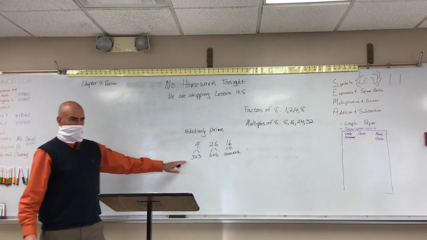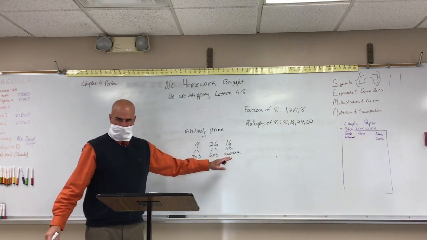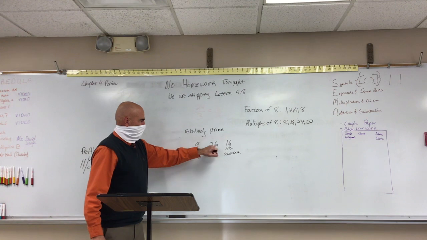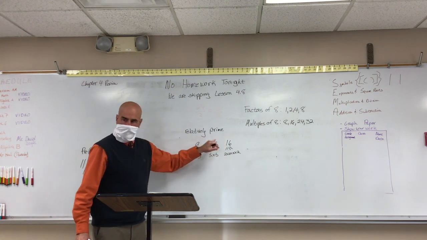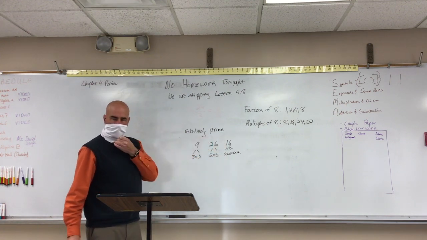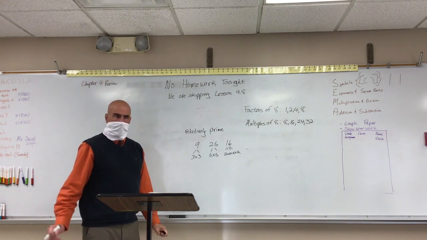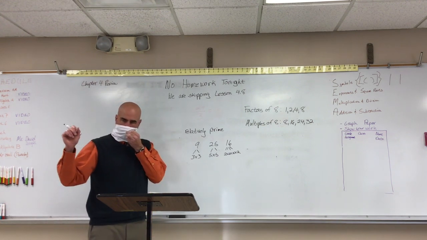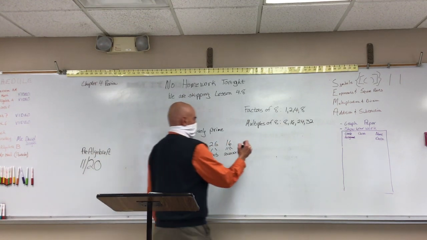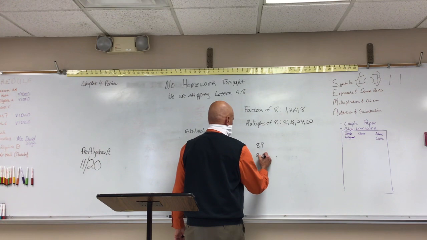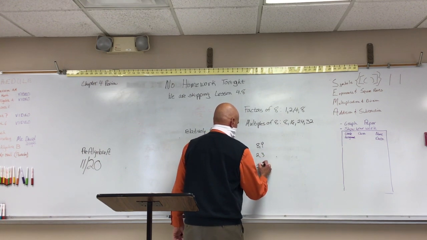There's no factor that you can find that's common to 9 and 25 or 9 and 16, right? Other than 1. And also then any two consecutive numbers, so let's take 8 and 9, or 2 and 3, or 24 and 25.